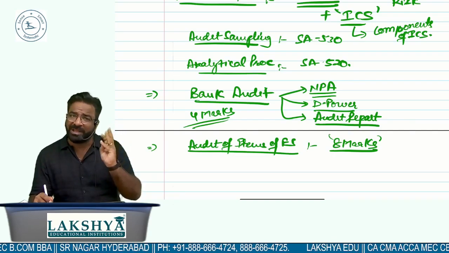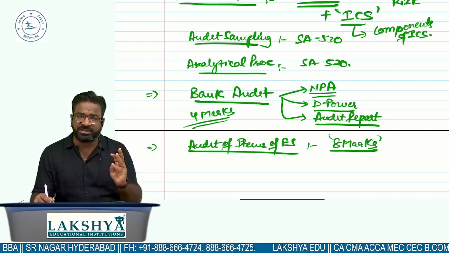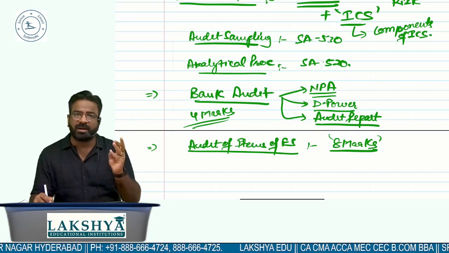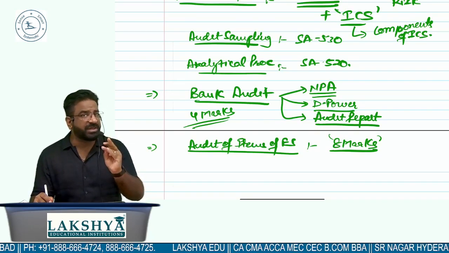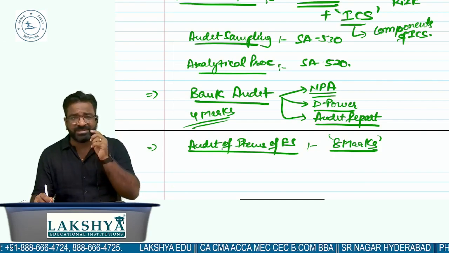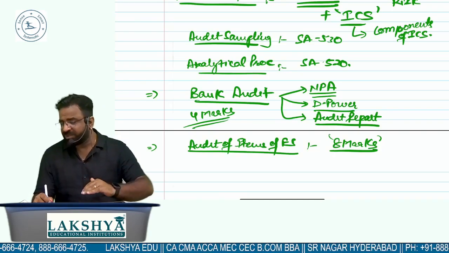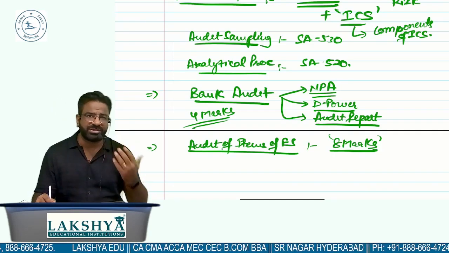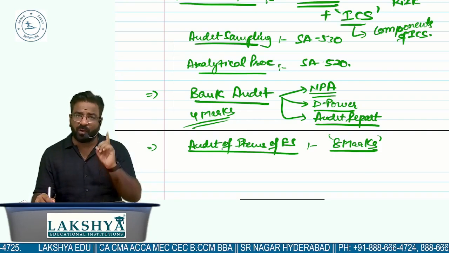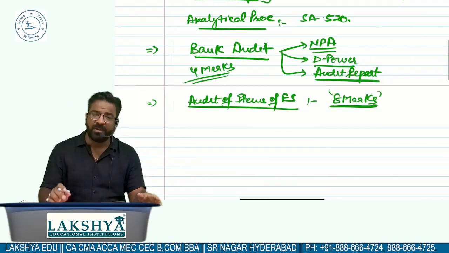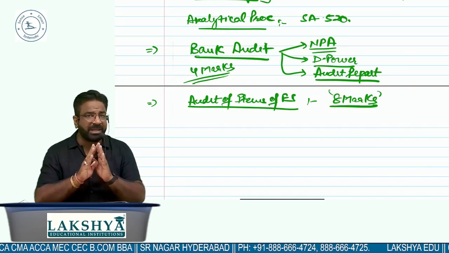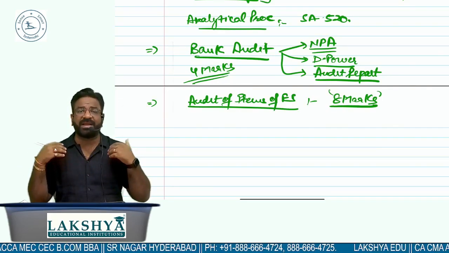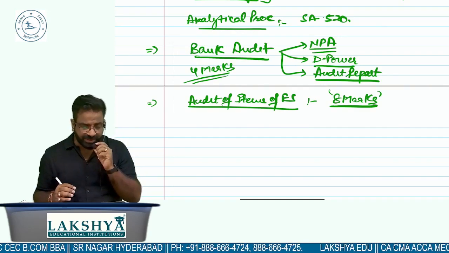If a TOT question comes, testing of transactions, you are going to write correctness, completeness, accuracy, validity, occurrence. And if it is a TOB question relating to balances, you need to write existence, valuation, ownership, and all those areas. So make sure that audit of items of financial statement is a must chapter. I'm not telling you any ABC category. I'm telling you to cover everything, but in this sequence, right?